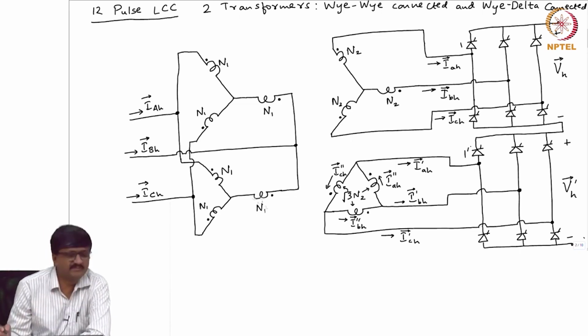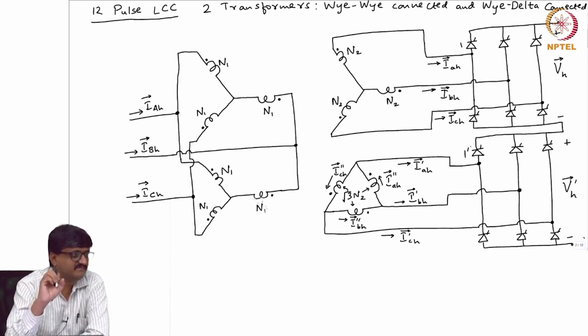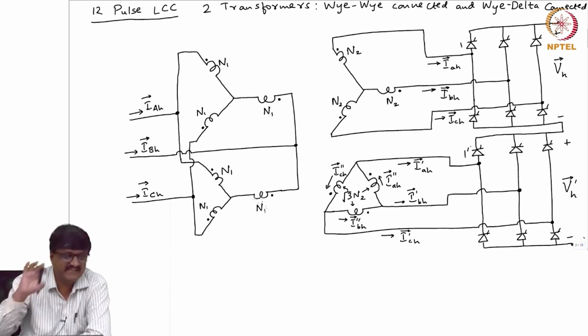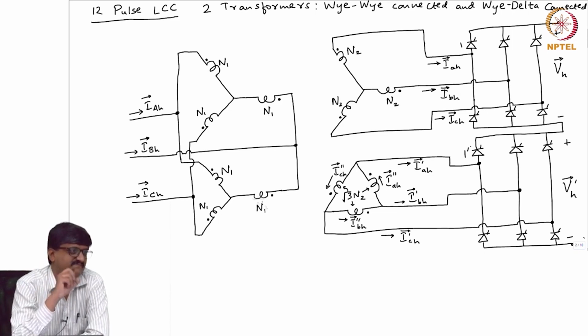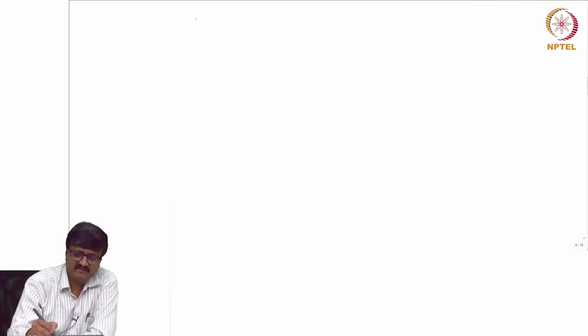Now, the reason is because of the Y delta transformer, the voltages that are applied to the second LCC are lagging or leading the voltages applied to the first LCC. With respect to the voltages applied to the first LCC, the voltages that are applied to the second LCC are lagging or leading. So, to explain which one is lagging, I will show the 2 transformers.